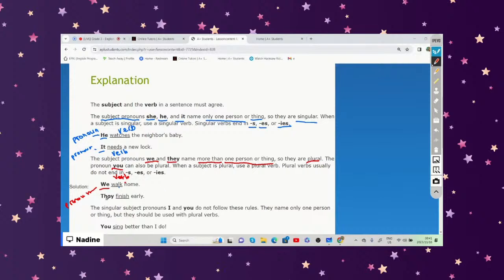And then they, referring to more than one person: they finish early. And as you can see with walk and finish, there's no s, es or ies added.